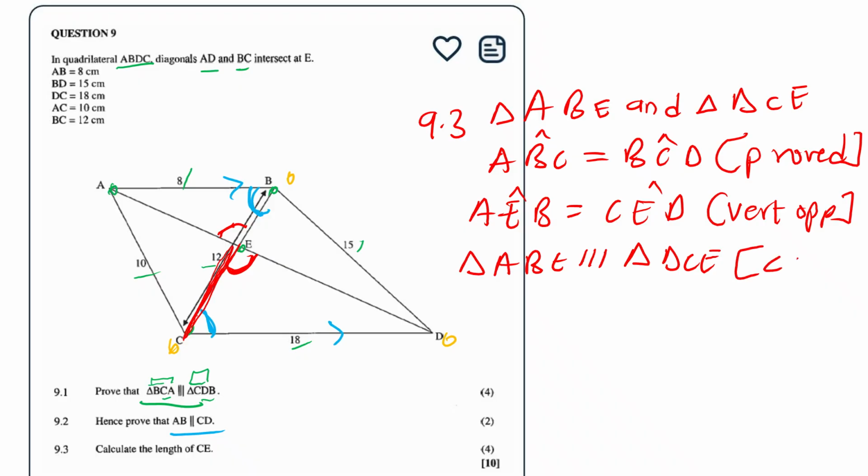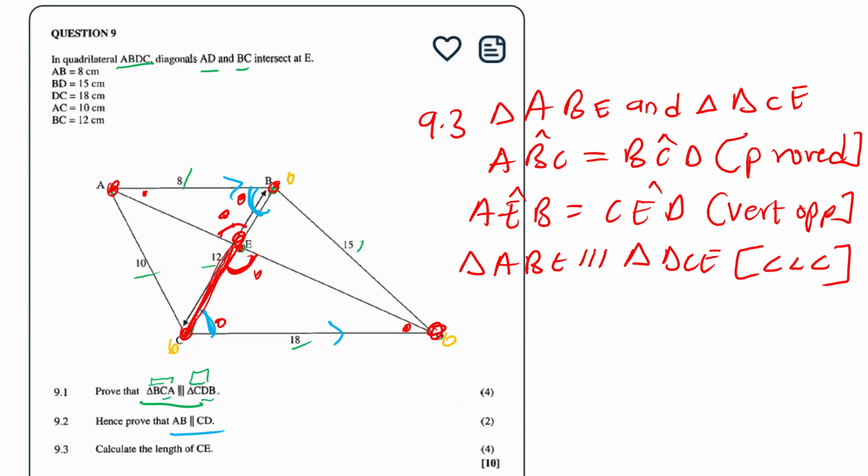Why? Angle, right? So triangle ABE, it is similar to triangle DCE because of the what? Because of the angle. This angle, it is equivalent to this one. This angle is equivalent to this one. Therefore now this angle is going to be equivalent to this one because of the third angle of a triangle.